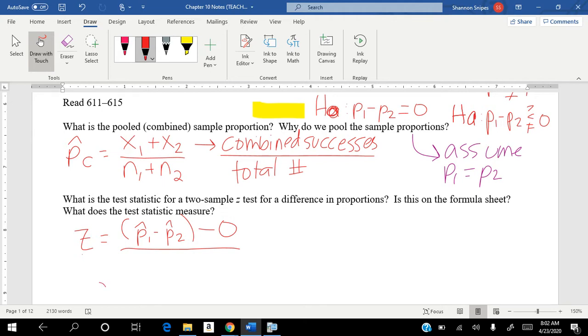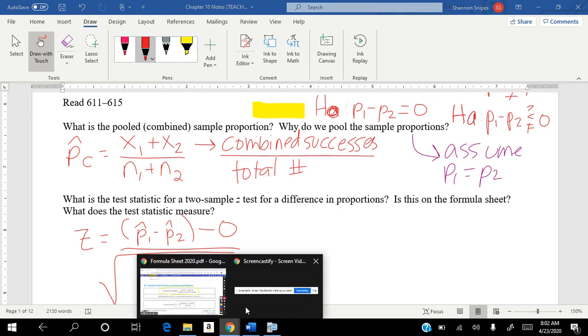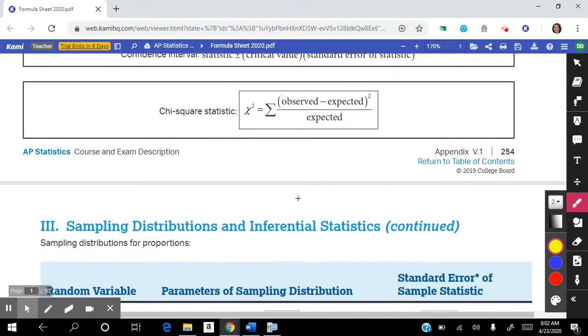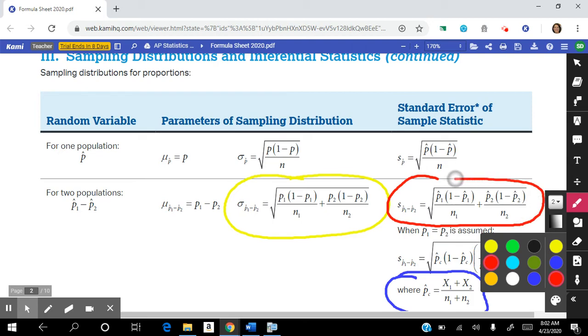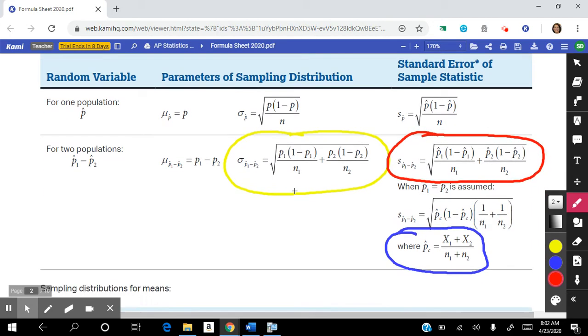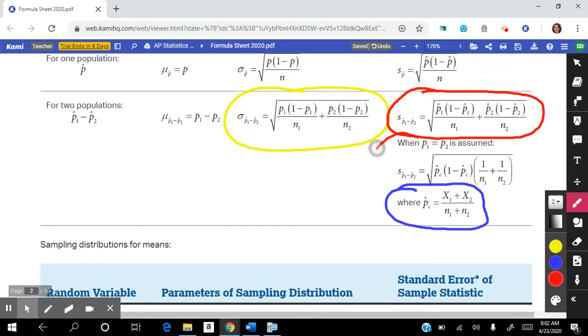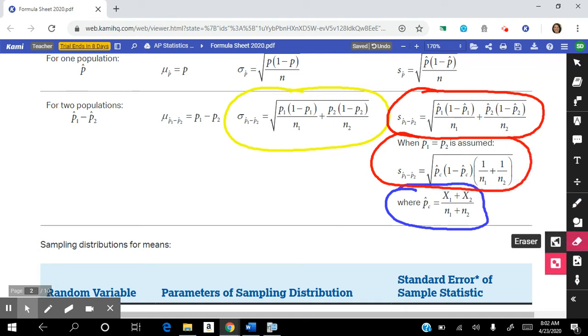Well, that is going to be where we use the pooled statistic. So I'm going back to your formula sheet. What do you see right here? When P1 is equal to P2, I guess I circled the wrong one first.